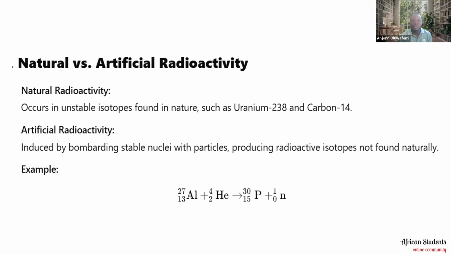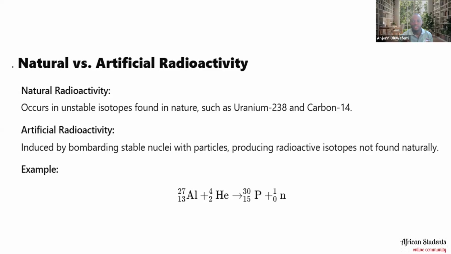The key word is that it is found in nature. Artificial radioactivity, on the other hand, is induced by bombarding stable nuclei with particles, producing what? Radioactive isotopes that are not found naturally.